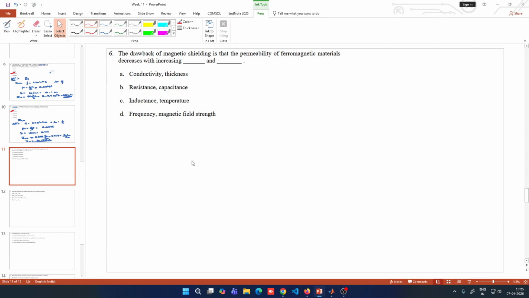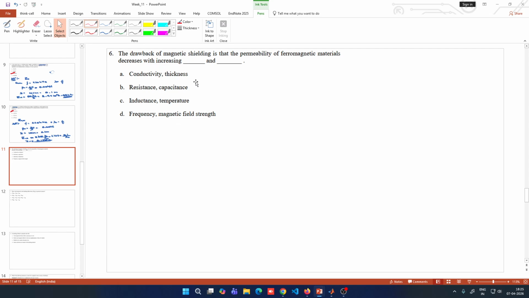Question number 6 is: the drawback of magnetic shielding is that the permeability of ferromagnetic materials decreases with increasing what? It's a direct question from the lecture. We have seen that the permeability of ferromagnetic materials should be high, right? But it decreases under two conditions.